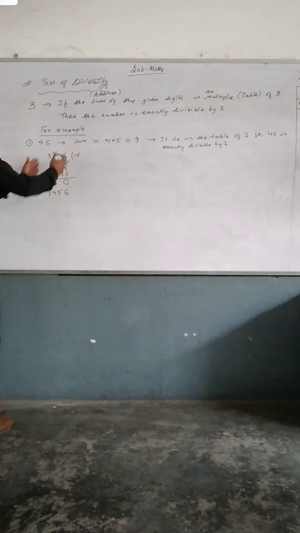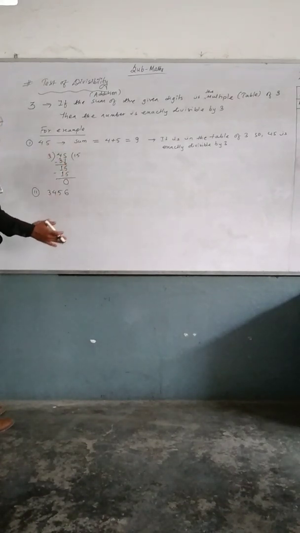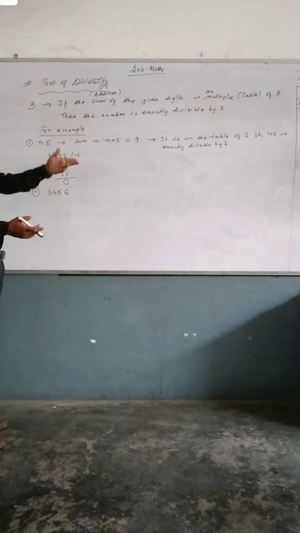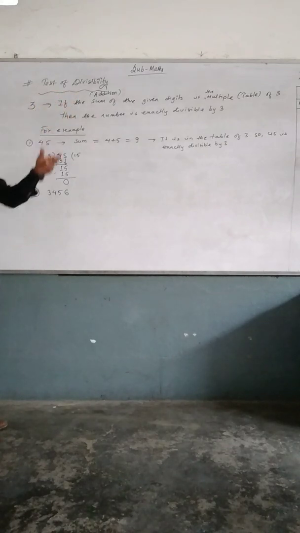If you do this process, it takes too much time to find out whether it is exactly divisible by 2 or not, 3 or not, isn't it? So to make our work easier, these things have been given to you. Rules are there. With the help of rules, we can easily find out whether it is exactly divisible by 3 or not, 2 or not. Yes? What happened to you? Please look at the board.